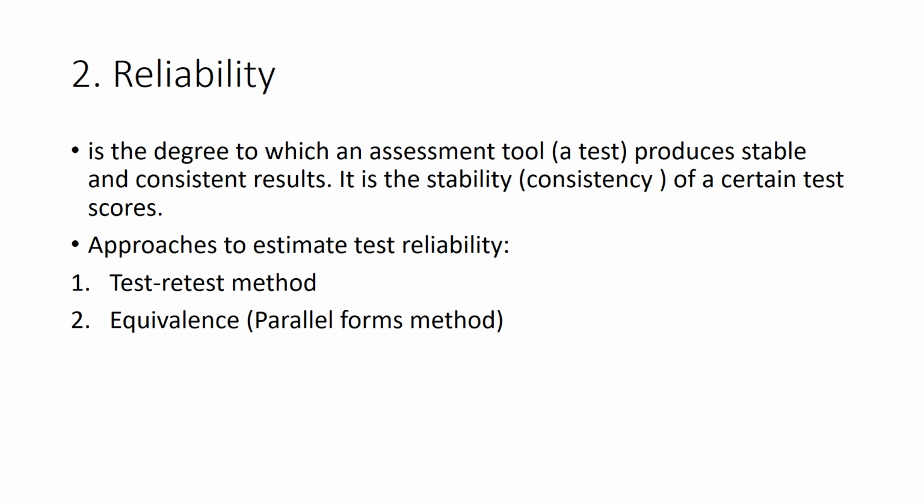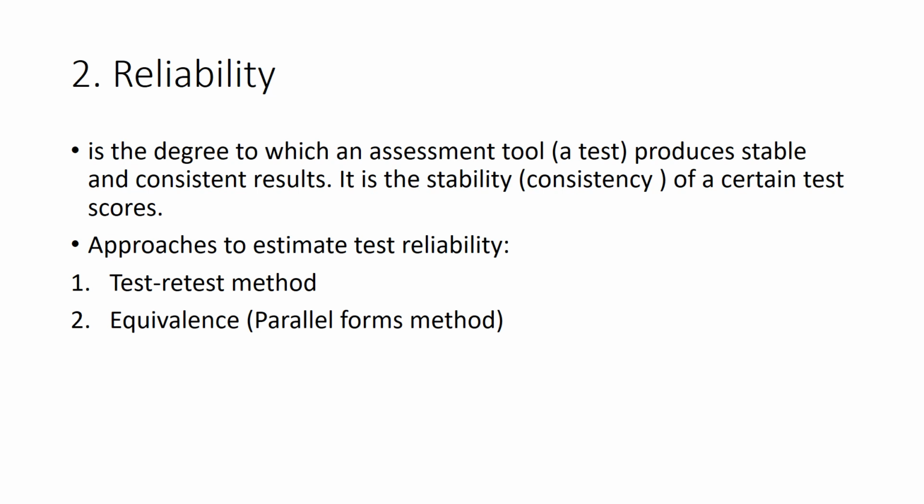There are different ways, but the most important and common ones at the same time are 2. Number 1, the test-retest method. What does it mean? It means that you give a test to your students, and after a short period of time you repeat the test for the same students.